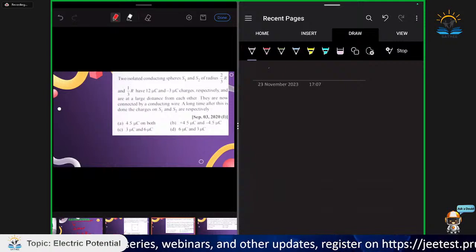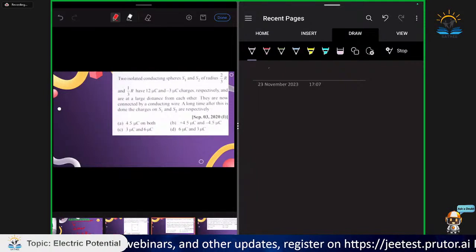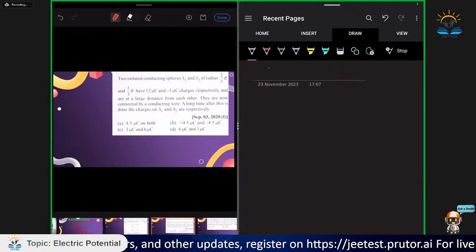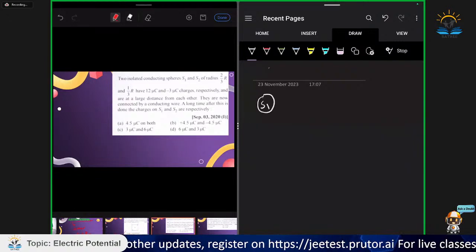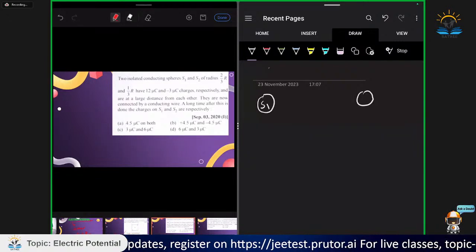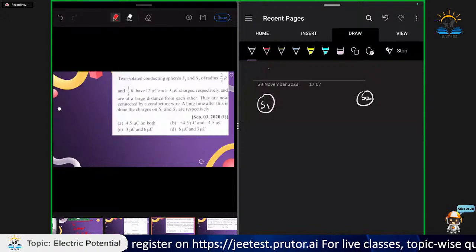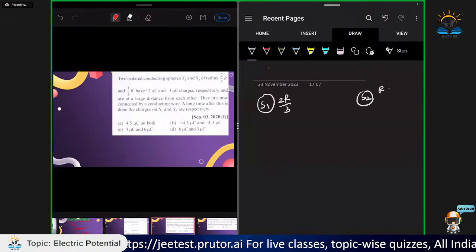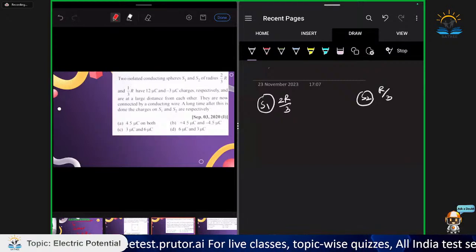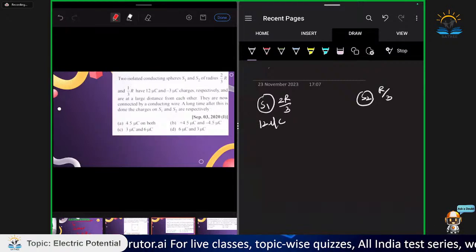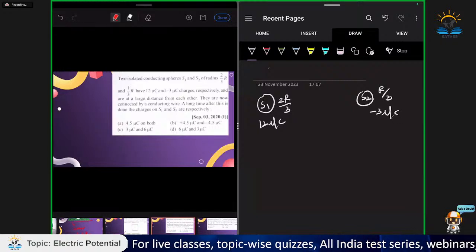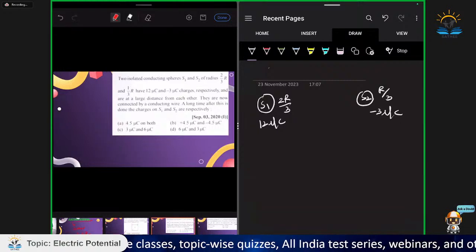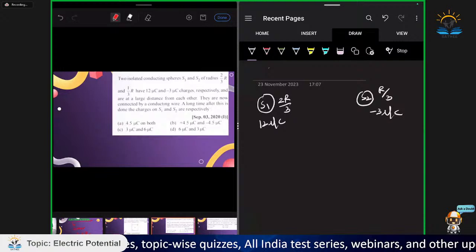Two isolated conducting spheres S1 and S2 of radius 2r by 3 and r by 3 have 12 microcoulomb and minus 3 microcoulomb respectively and are at a large distance from each other.